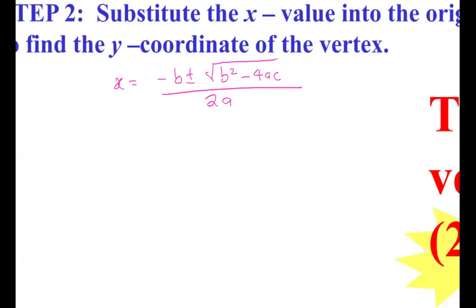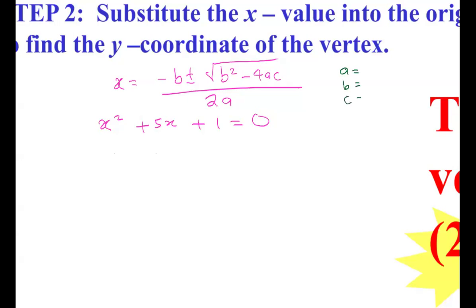So let's look at how to solve one of these equations now. If you have something like this, x squared plus 5x plus 1 equals 0, you have to find what a equals, what b equals, and what c equals.